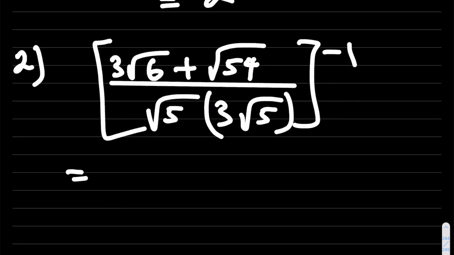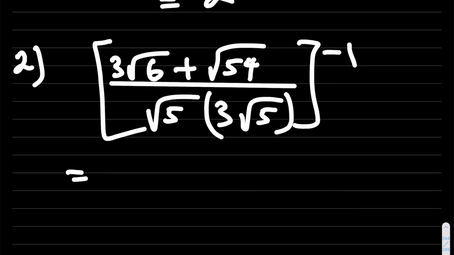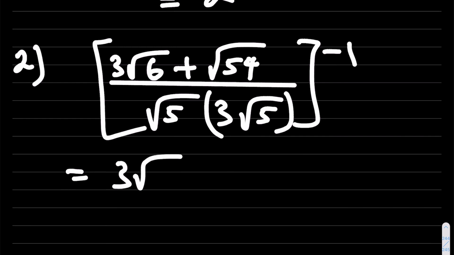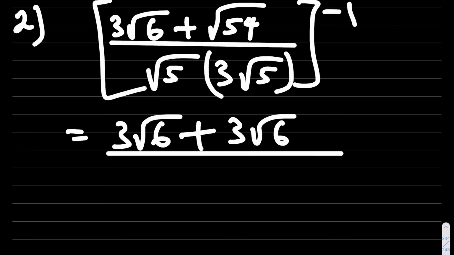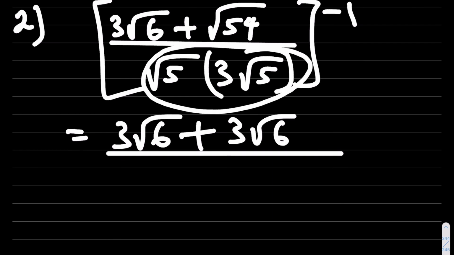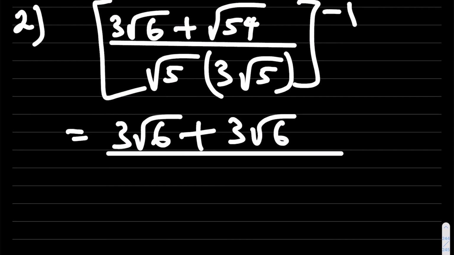Root 54 is the same as root 9 times root 6, which is 3 times root 6, that's 3 root 6. So that means 3 root 6 plus 3 root 6 all over root 5 times 3 root 5, which is the same as 3 root 25. And that means 3 times 5, which is 15.